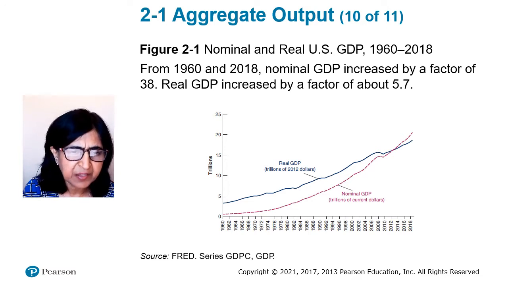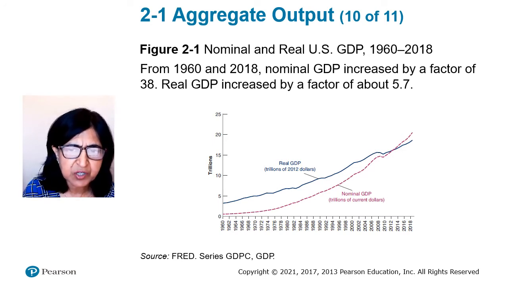The difference between the two results comes from the increase in prices over the period. Let us look at the figure in detail. The horizontal axis represents years ranging from 1960 to 2018 in increments of 2. The vertical axis represents GDP in trillions that ranges from 0 to 25 in increments of 5. The graph has two increasing curves.